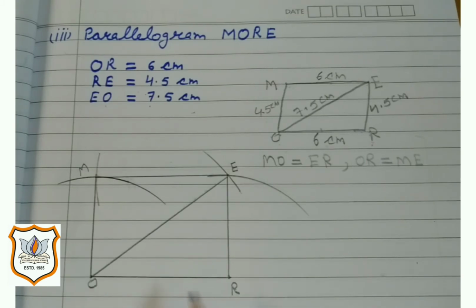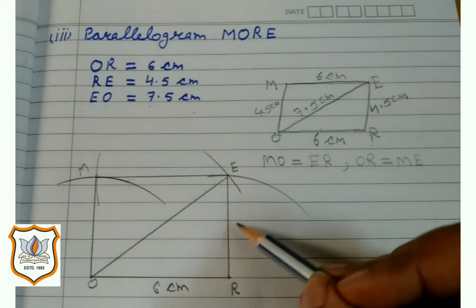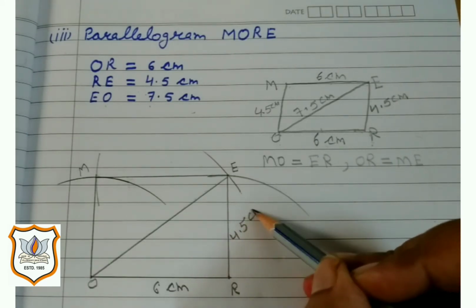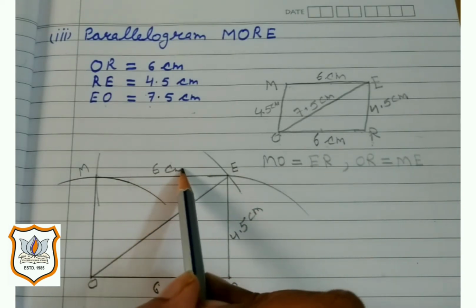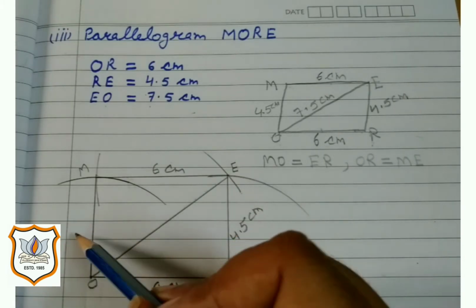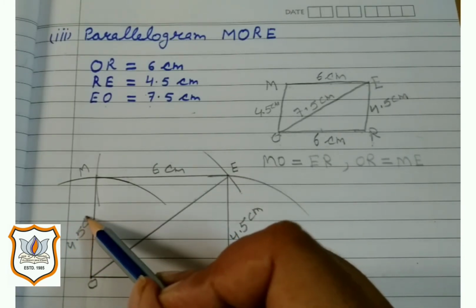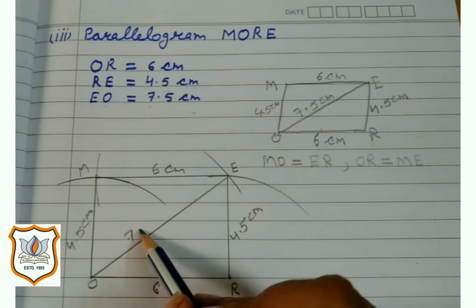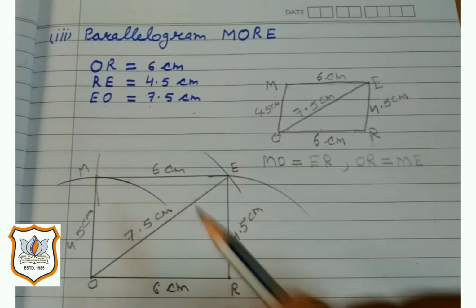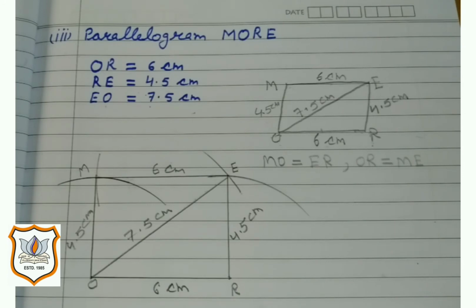Now OR. OR is 6 centimeter. So we will write 6 centimeter here. RE. RE is 4.5 centimeter. ME. ME is 6 centimeter. And MO. MO is 4.5 centimeter. And diagonal OE. OE is 7.5 centimeter. So this is the required parallelogram MORE.